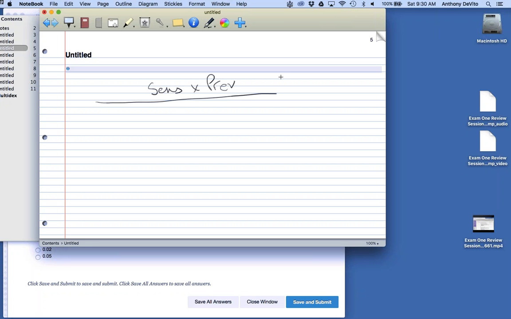On the bottom, we got the sensitivity times the prevalence again, right? And that's one thing. Plus, added to it separately, is 1 minus the specificity, and we're going to take that and multiply it by 1 minus the prevalence.